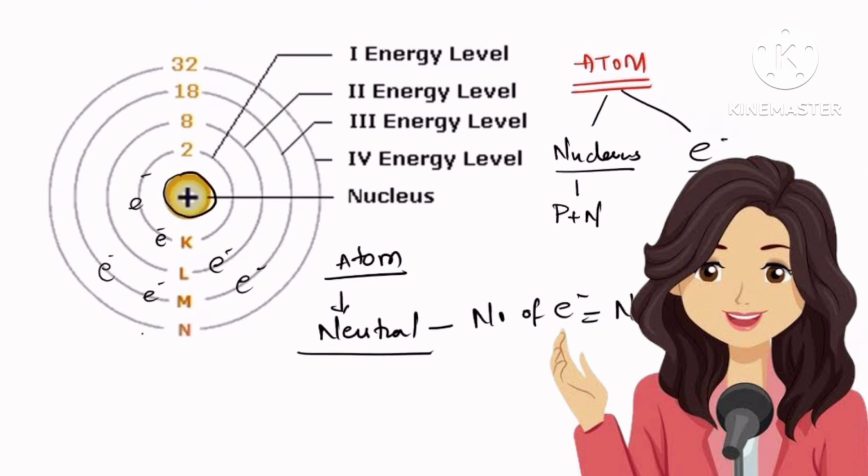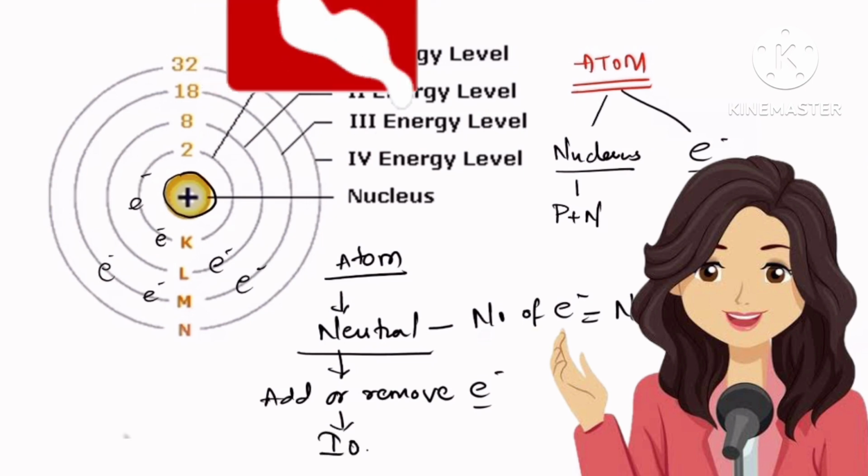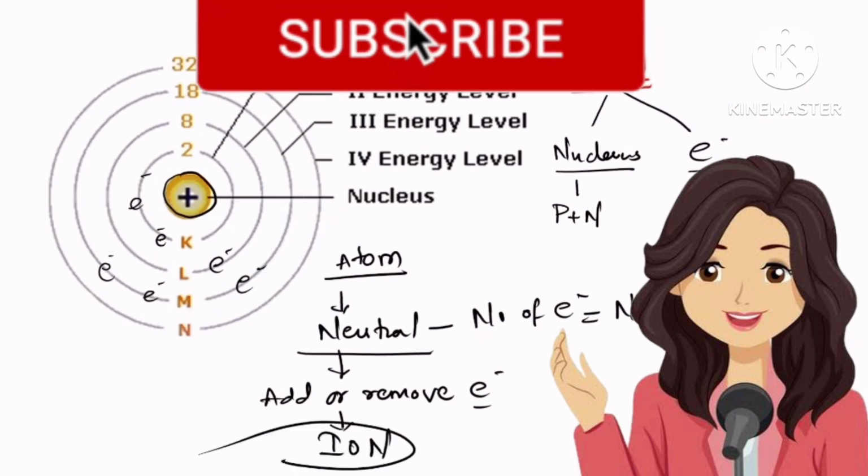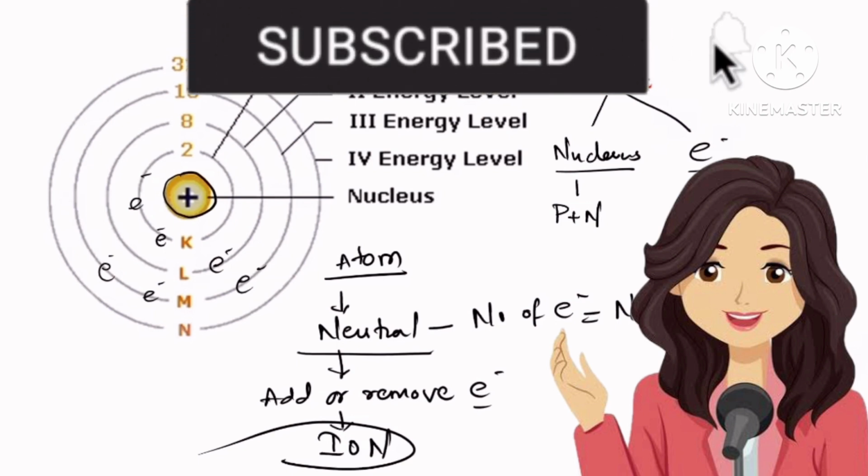But when you remove or add an electron, that atom converts into an ion.